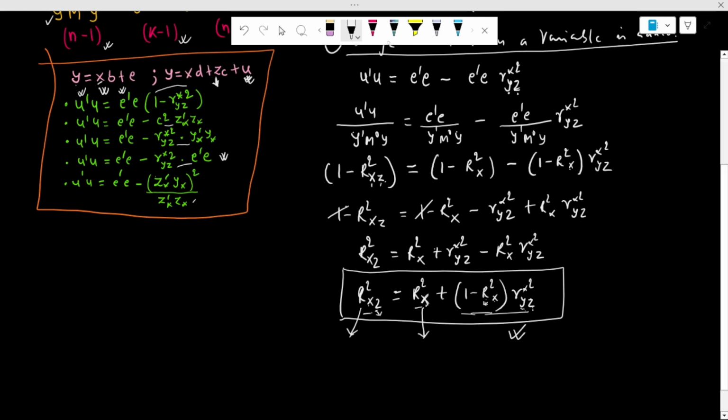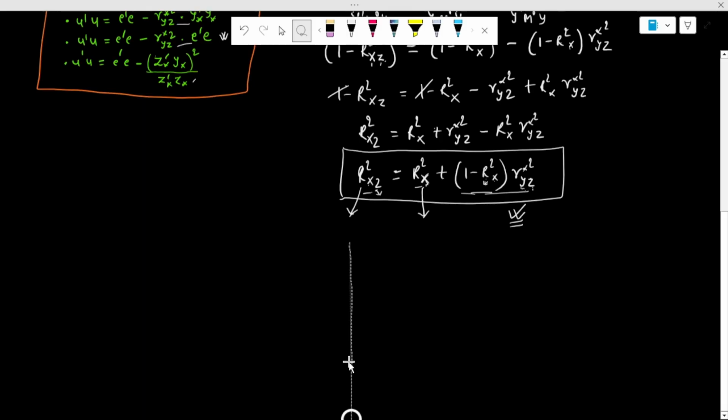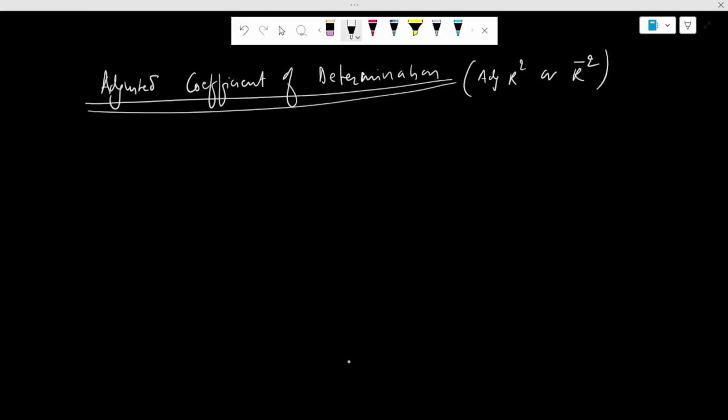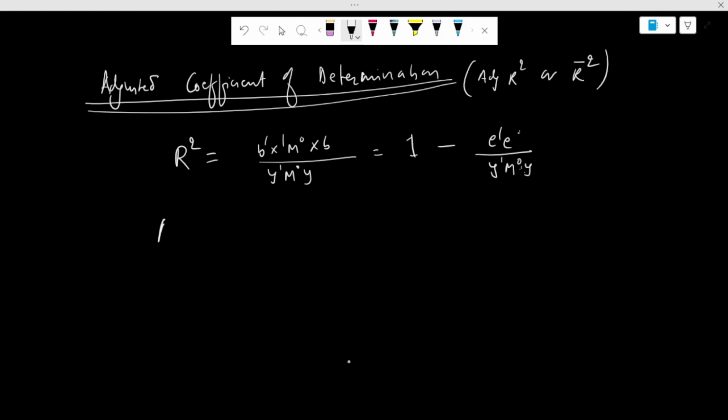And now in order to check this situation, let us calculate the adjusted R square, that is the adjusted coefficient of determination. To these sources of variation, we divide by their degrees of freedom in order to calculate the adjusted R square. So this is our R square, therefore our adjusted R square is equal to 1 minus, and for the sum of the square of the error, the degrees of freedom is n minus k, divided by the sum of the square of the deviation from the mean of the dependent variable, whose degrees of freedom is n minus 1.